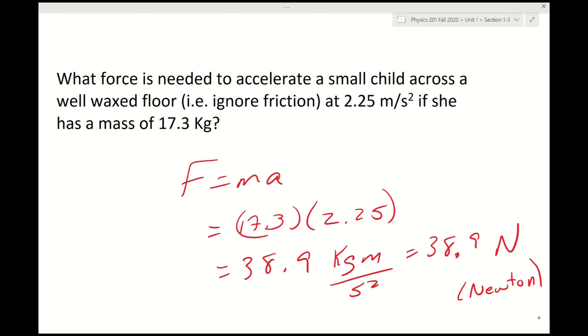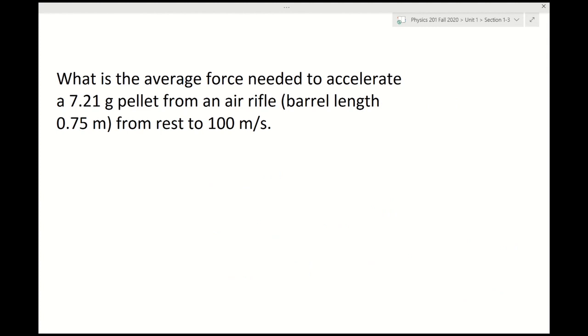What is the average force needed to accelerate a 7.21 gram pellet from an air rifle with a barrel length of 3/4 of a meter from rest to 100 meters per second? Okay, so a change in velocity is equal to 100 meters per second. Our delta x is 0.75 meters.